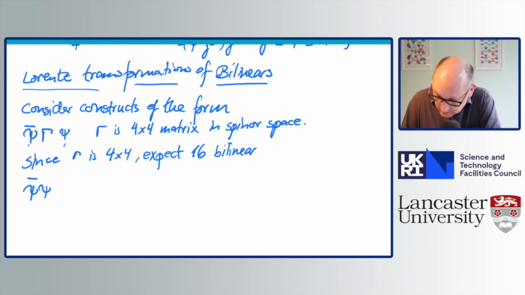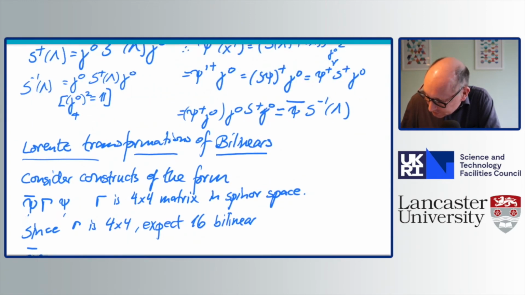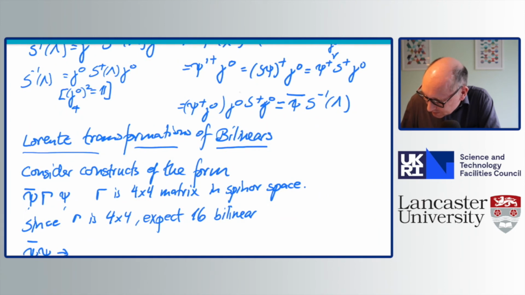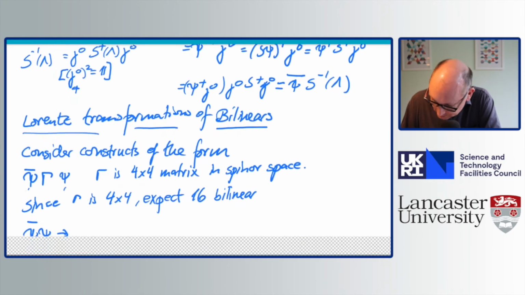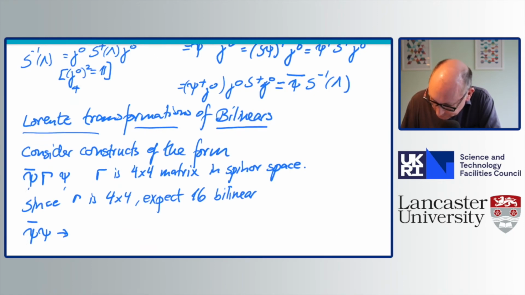Well, a Lorentz transformation sends psi bar, we just did that, into psi bar S inverse. Psi goes into S psi. So of course S inverse and S is just the identity. So we get here psi bar psi.